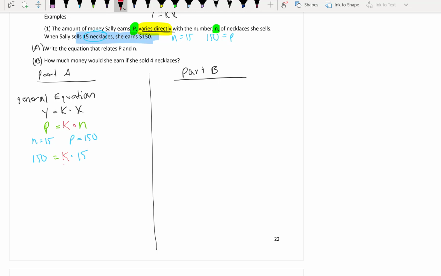To get k by itself, you divide both sides by 15. 150 divided by 15 gives you 10, so 10 is equal to k. Now your general equation is P is equal to 10 times N.